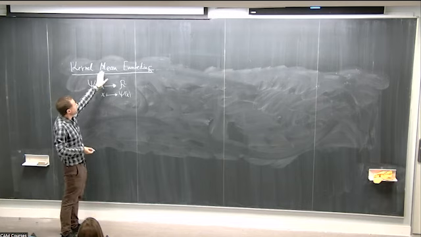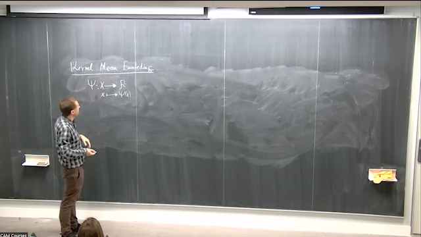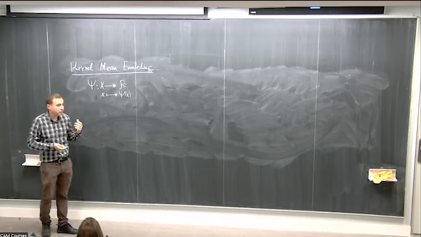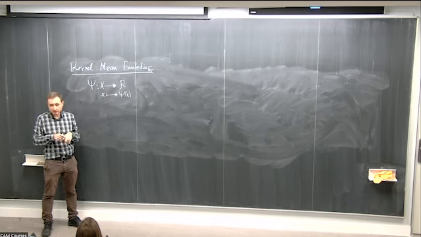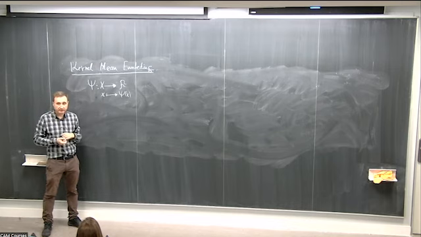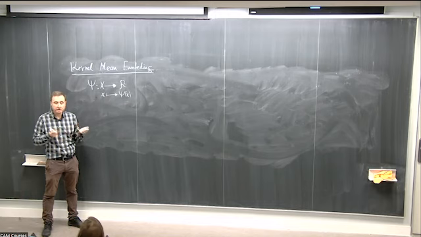So basically, this mean embedding is a generalization of the feature mapping, in which we are representing not only specific instances, but we are going to represent probability distributions of instances as elements of the feature space.